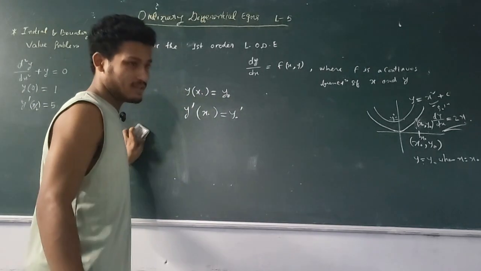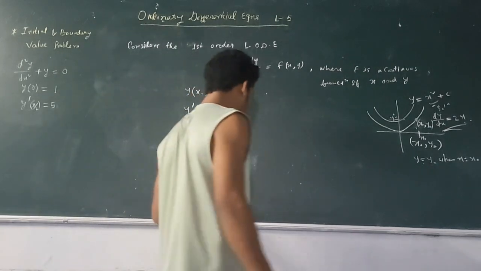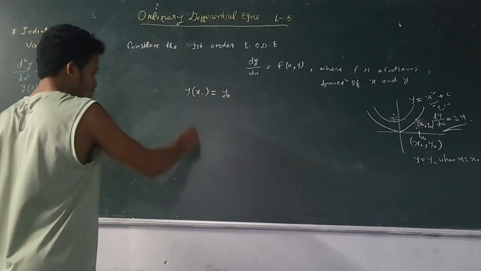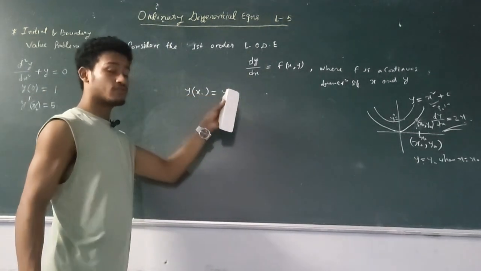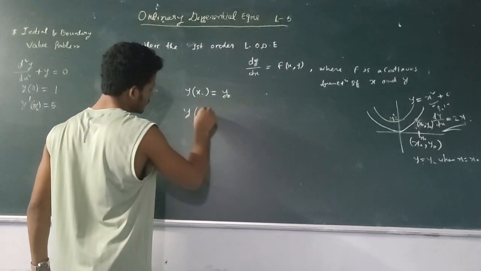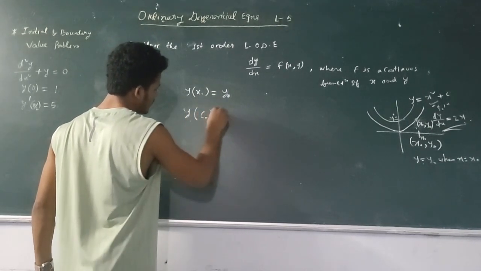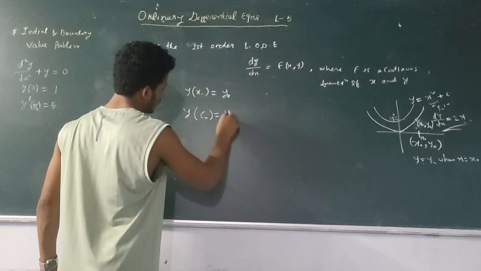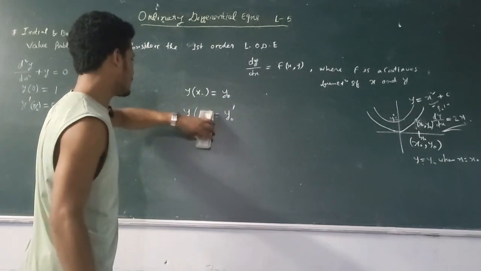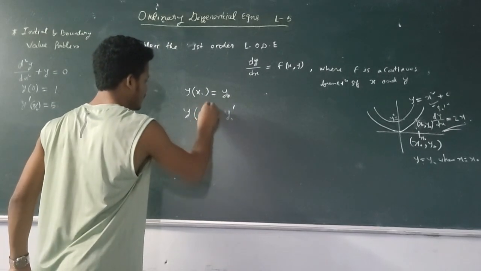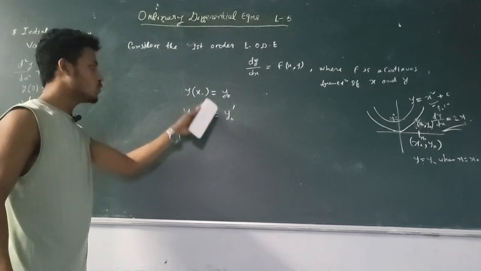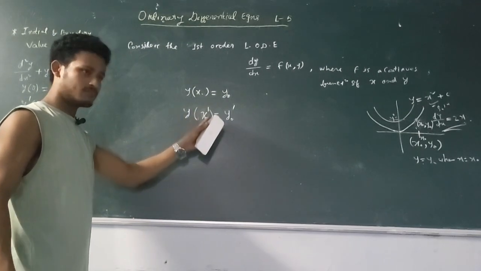Now two point, the condition may be given at two points also. Let us suppose the first condition is given, y of x naught is equal to y naught. The second condition is given, y of x naught dash is equal to some value. So x naught and x naught dash, these two are different points.